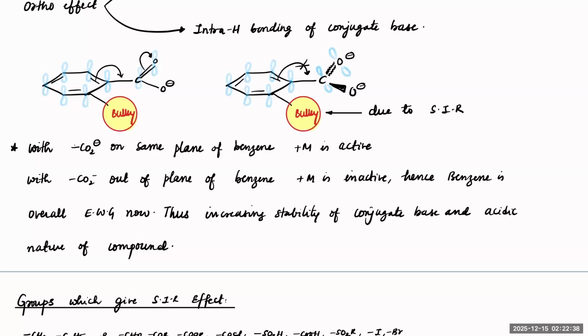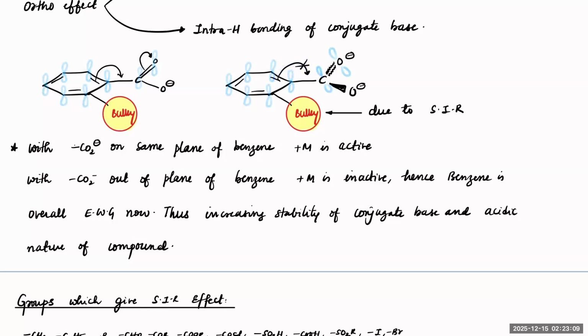Why is it doing that? Because this bulky group and this O minus or carbon will have more repulsions. The minute it tilts around and tries to become three-dimensional, correct? Then this orbital and this orbital do not remain parallel to each other. And you know that pi bonds can only be formed by parallel orbitals. Therefore, because it cannot be a parallel orbital, this resonance is completely avoided.